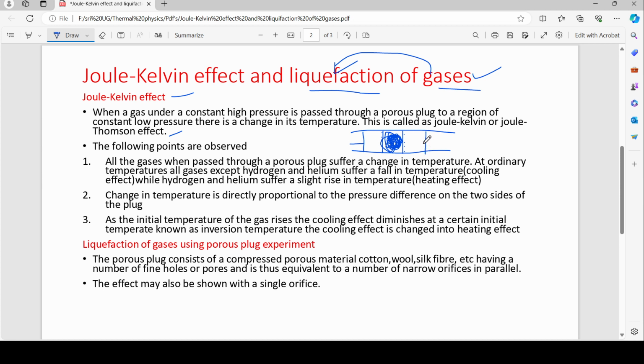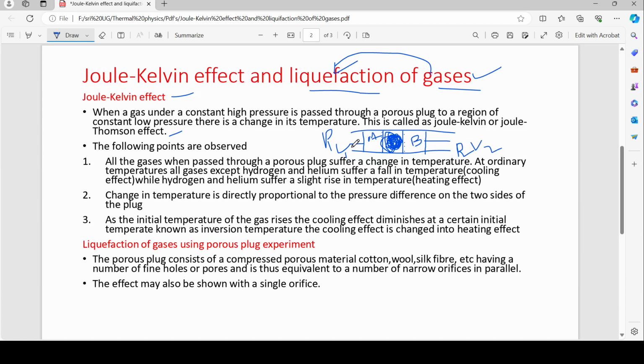Let this be the A region and this the B region. The piston in the A region has pressure and volume P1 V1, and on this side P2 V2.